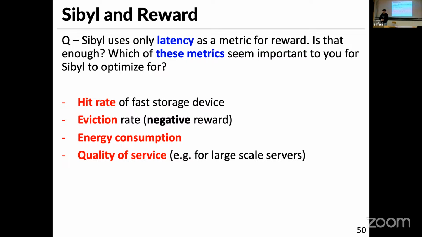So you mean overusing the fast storage device could have bad latency in some cases, but a better average latency overall? Okay. Well, either way, this was tried in the paper a bit, and it had unsatisfactory results. Oh yeah, sure. Sorry.